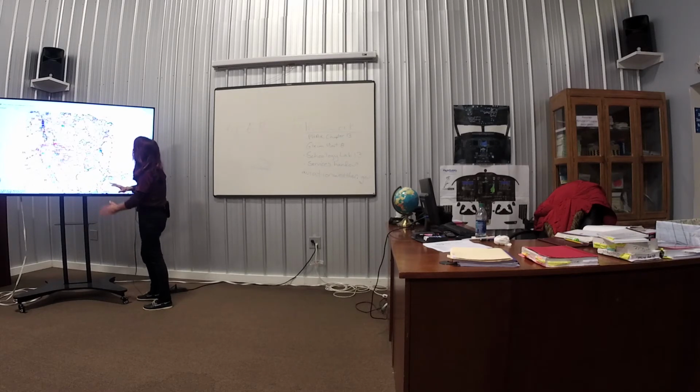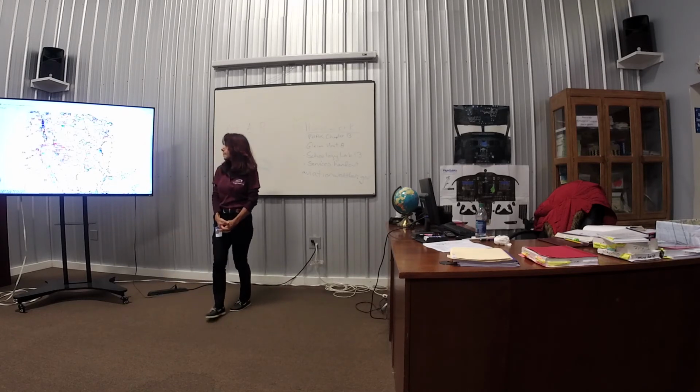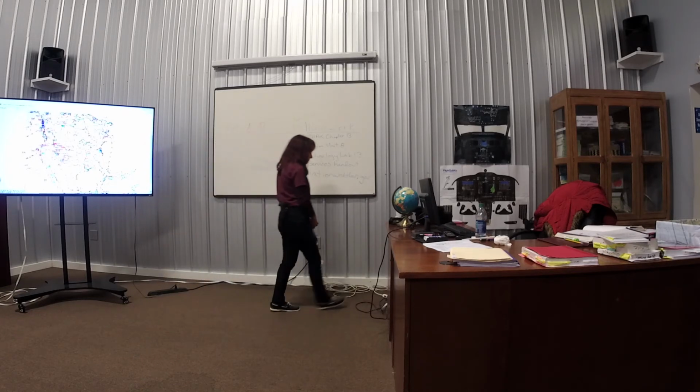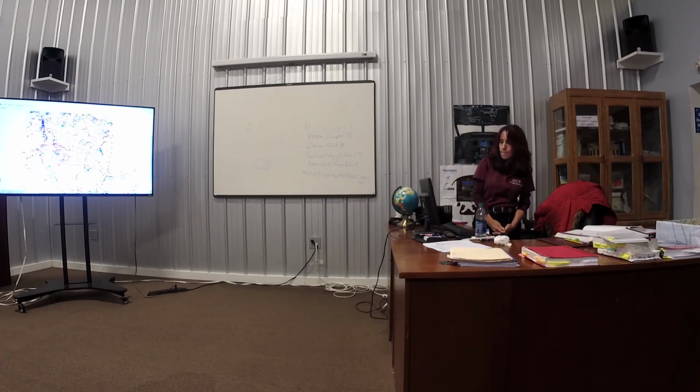So we got a lot of information smashed here. Surface analysis. All those colors mean something. Every 3 hours. So 18 Zulu is when this came out. Everyone see that down at the bottom? 18 Zulu.